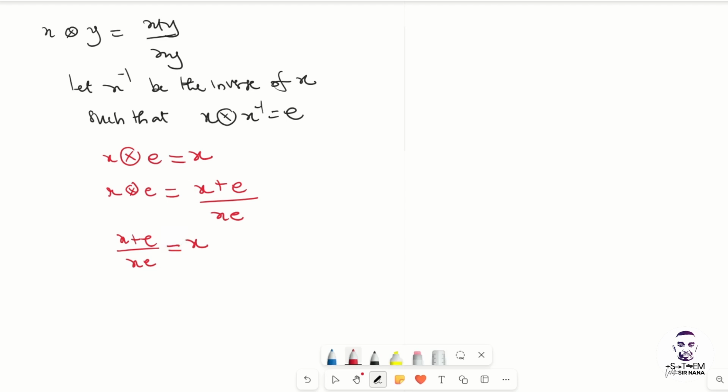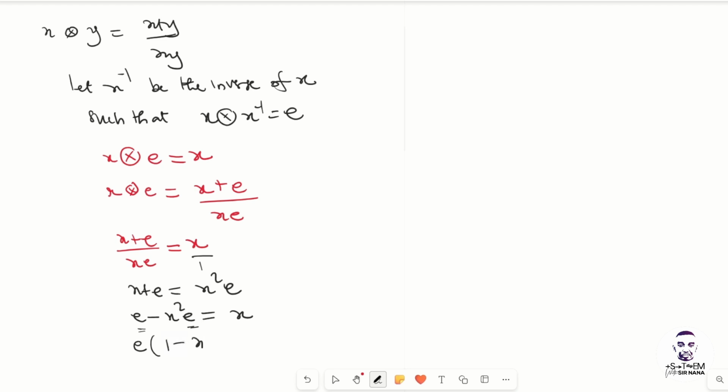Then we can actually go through the algebra of simplifying this. We divide this by 1 and we have x plus e to be equal to x squared e. Then we group like terms with the e, so we have e minus x squared e to be equal to x. Then we can factorize e out here because we have e here, we have e here. So we are going to have e times 1 minus x squared to be equal to x, right?